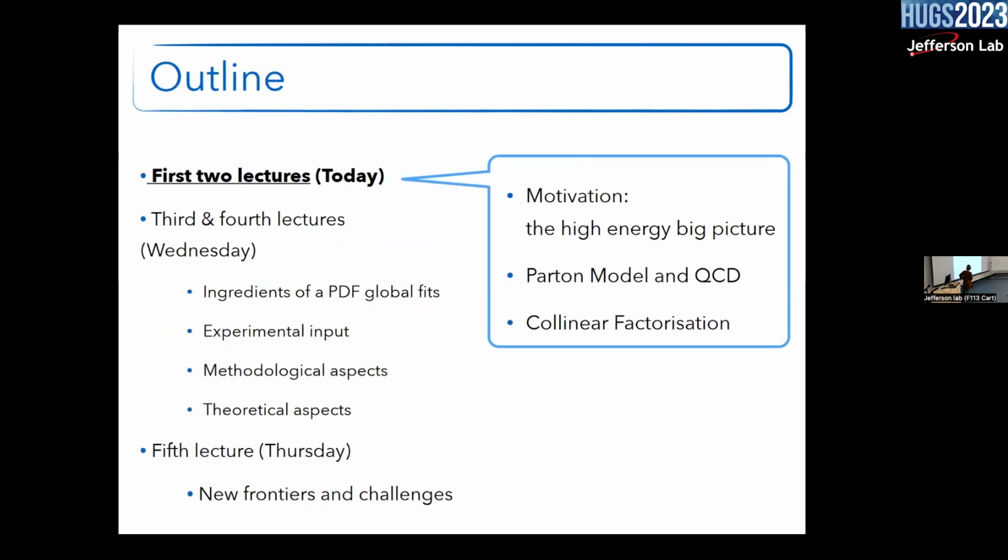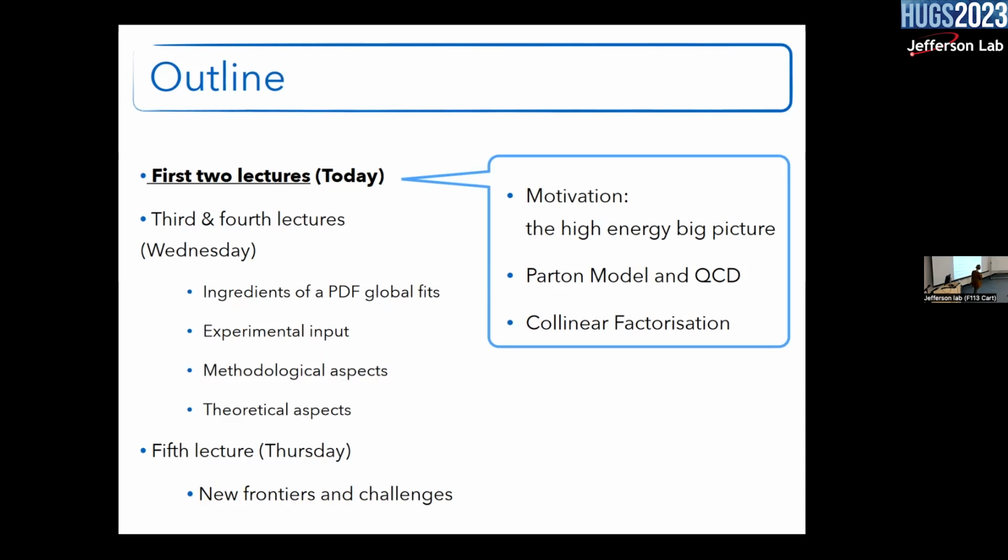Okay, very good. So today I will start from an aerial view, from a kind of motivation. Why we care so much about the structure of the proton, what are the ingredients that enter theoretical predictions. And then I will go to the basics, talking about the parton model and how it is modified whenever you start introducing quantum chromodynamics and corrections.